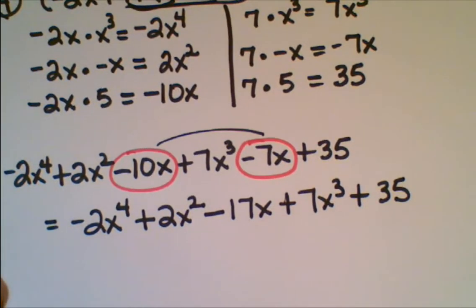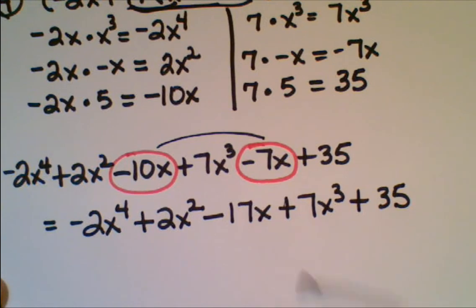Now, if you notice, we have our x terms, but the exponents are not the same. And a lot of times in math, whenever we have more than one term, we have a constant variable, which is x. We want to try to put our exponents in descending order. And when we talk about descending order, we're talking about descending order of power.